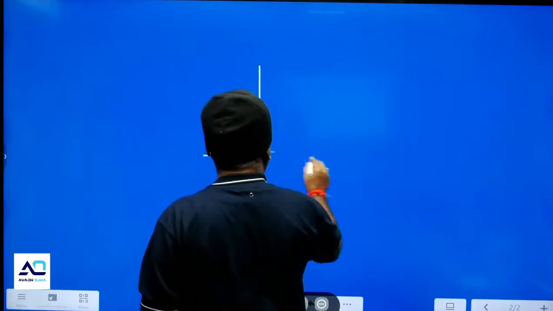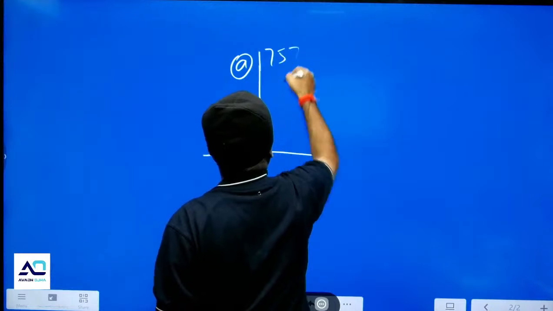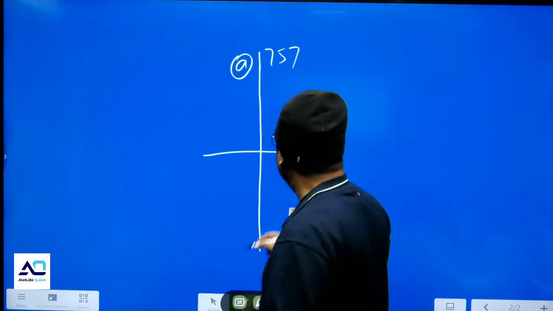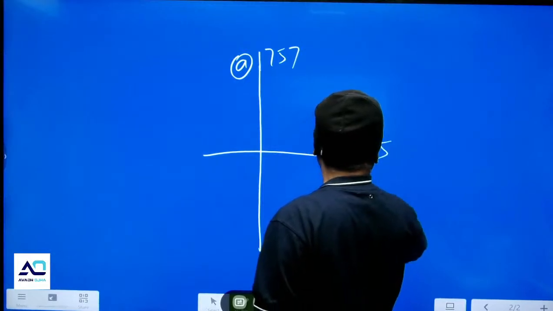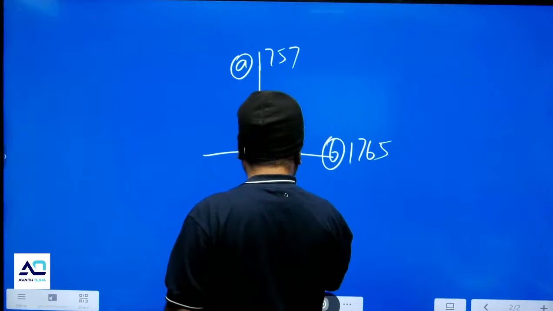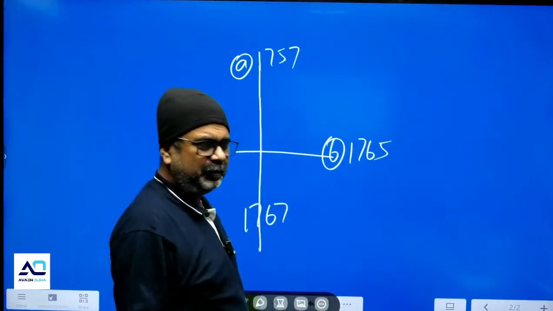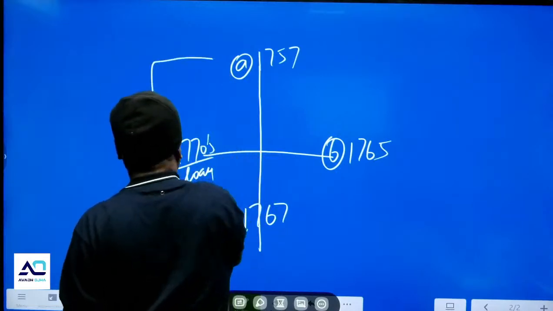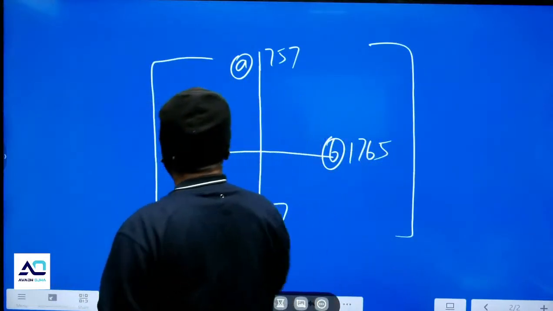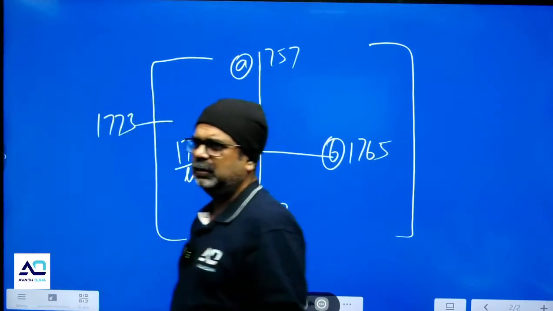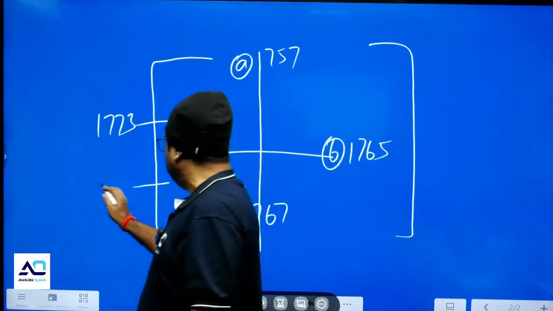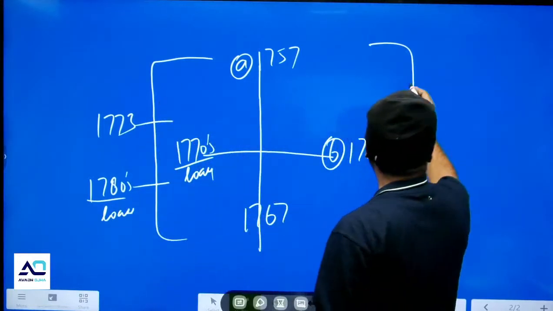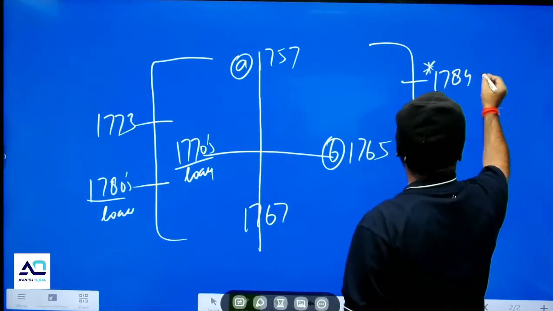Our timeline: 1757, company getting political power, started plundering. 1765, Diwani. 1767, they agree to give a share to British Crown. 1770s, they are asking a loan. 1773, British Crown enters in company's possession. 1780s, they again ask a loan. 1784, strict control, Board of Control.